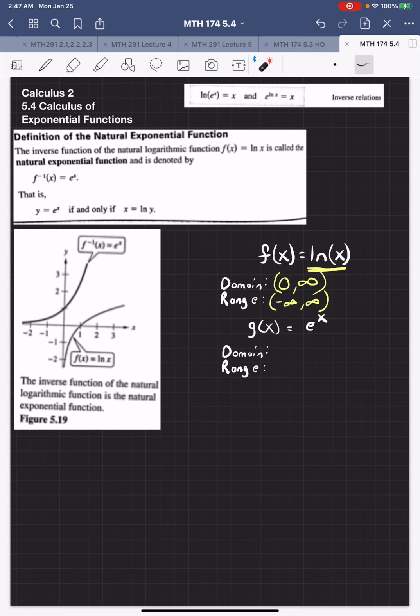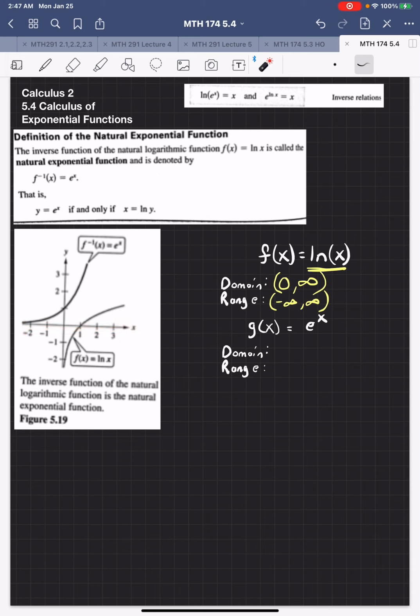Do you agree with me that if you were to extend this line indefinitely, it would continue to go in the negative direction and continue to go in the positive direction? I'll say that again. The domain, we're looking left to right, not up and down.